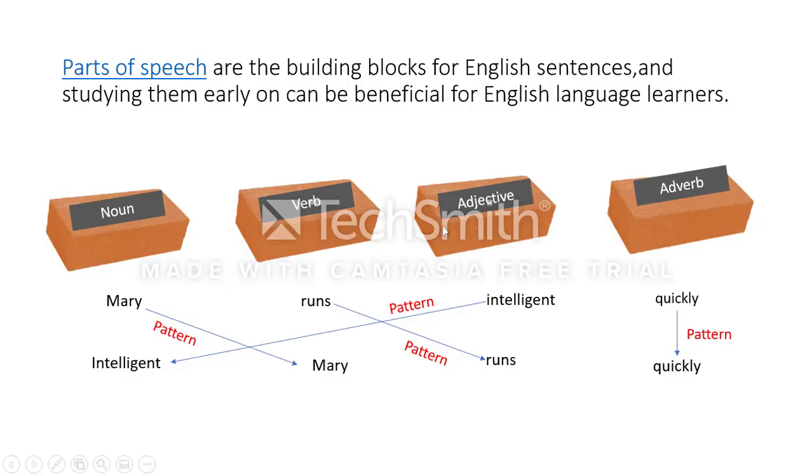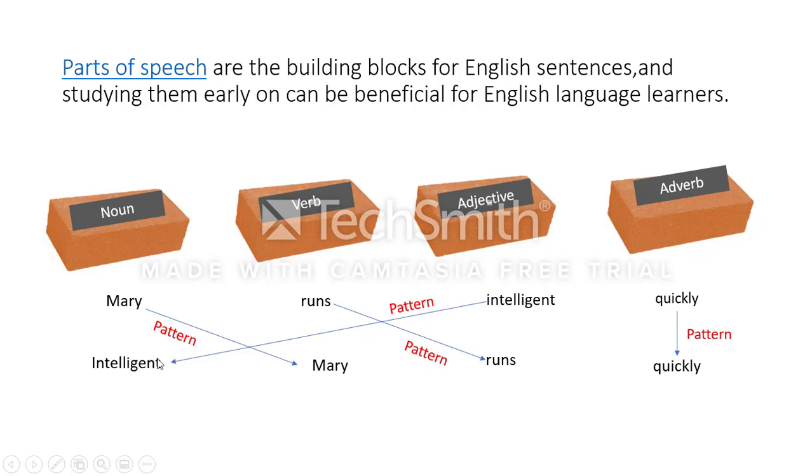So, parts of speech are the building blocks for English sentences, and studying them early on can be beneficial for English language learners. I like this expression, building blocks for English sentences. You have the block of a noun, the block of a verb, the block of an adjective, the block of an adverb. But when you learn the patterns that you have to follow, you know that the adjective has to go before the noun.